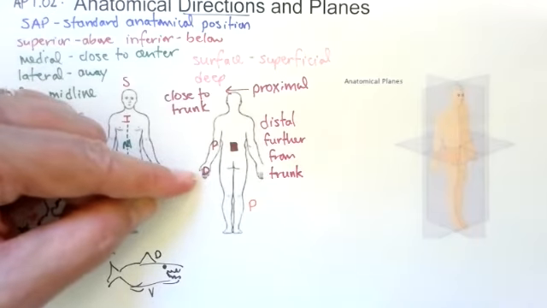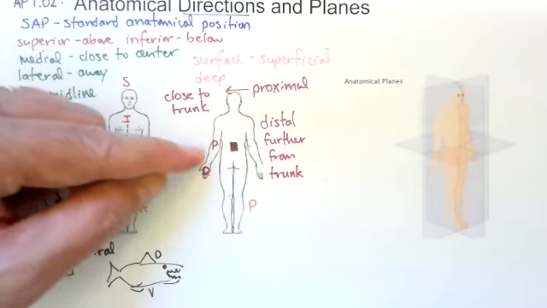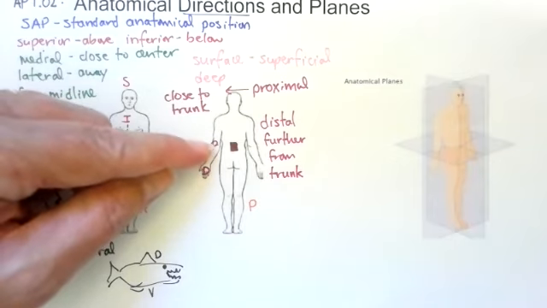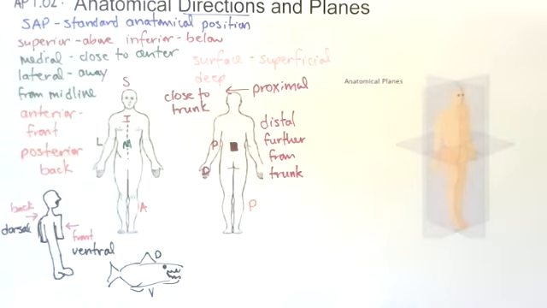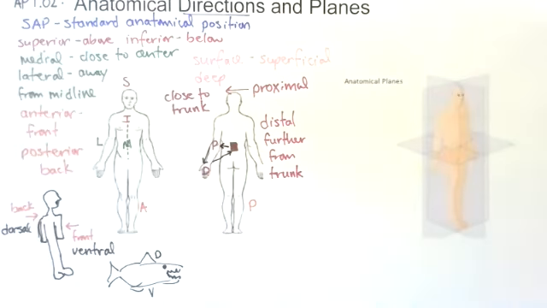We'll say the hand is distal to the elbow. So what that means is the hand is further away than the elbow to the trunk. In this case, you're actually comparing three points. You're comparing this to this, to this, to this. So proximal and distal are almost always used as a relationship, versus medial, lateral, superior, inferior, where it just kind of gives you a general area.